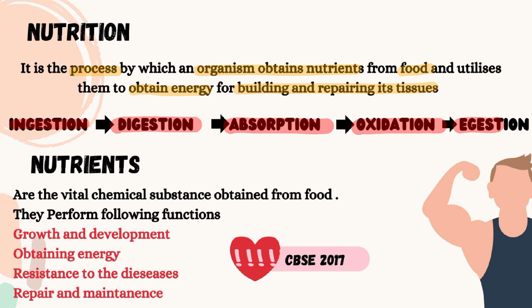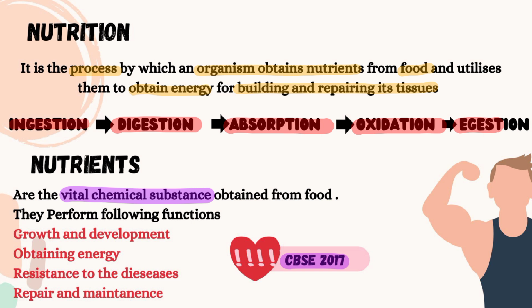So what do we really take in our food? When we eat food, what is it that we take in? These are nutrients. Nutrients are vital chemical substances which are obtained from food, and the function of these nutrients was asked in your previous year question, CBSE 2017.